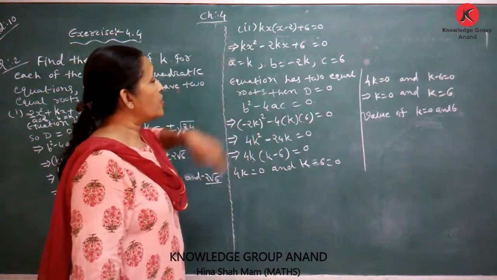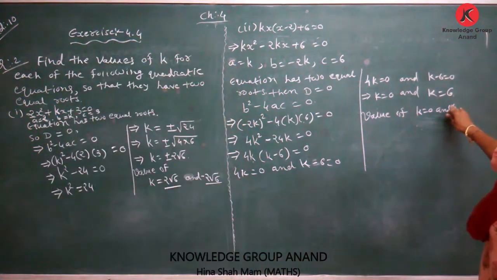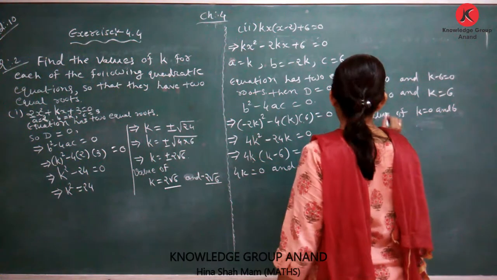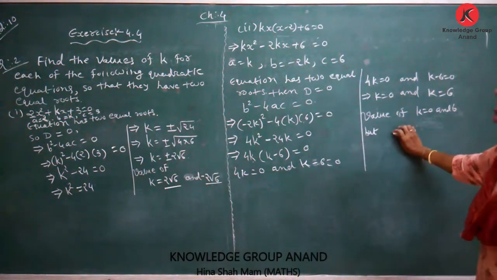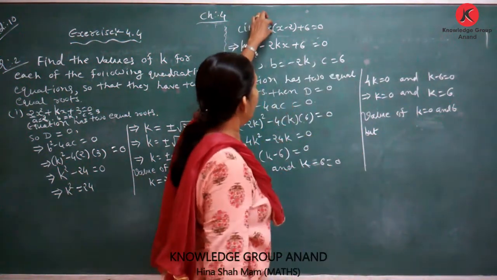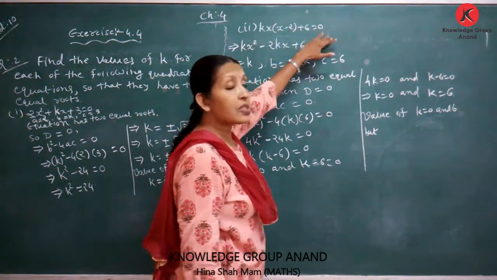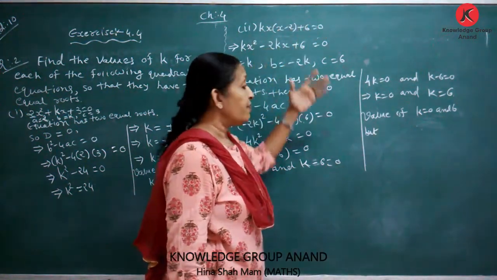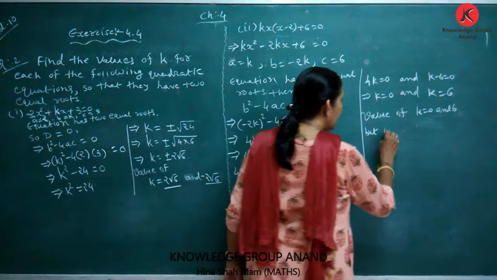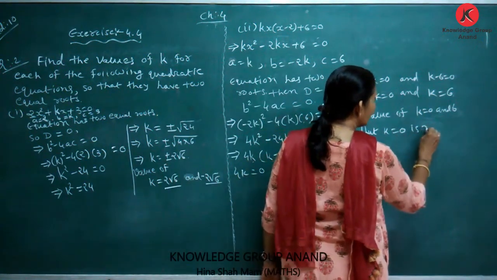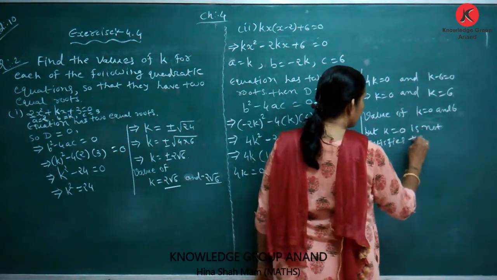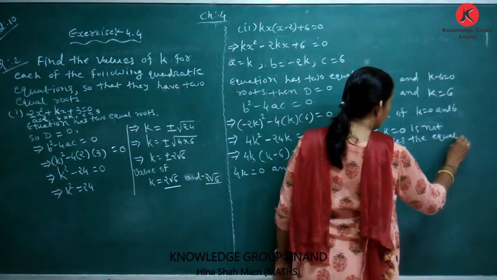But if we put k is equal to 0 in the equation, 0 into x minus 2 plus 6 is equal to 0, so 6 is equal to 0, which does not satisfy the equation. So k is equal to 0 does not satisfy the equation.